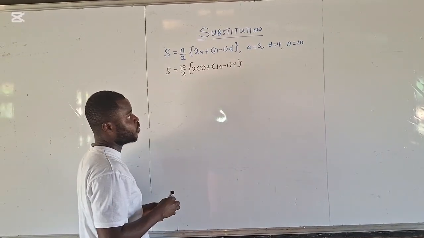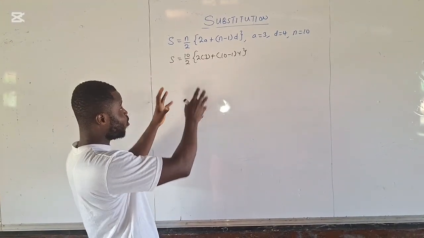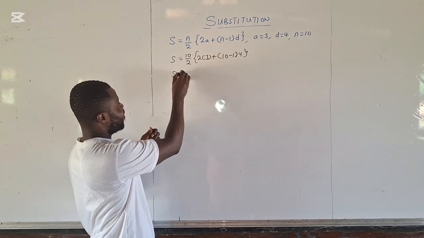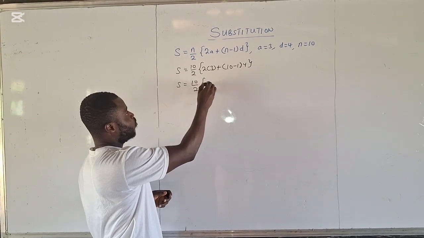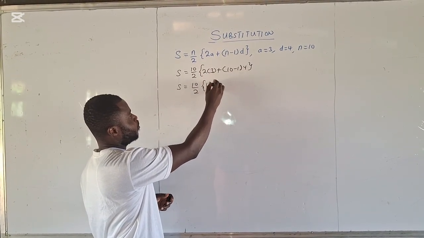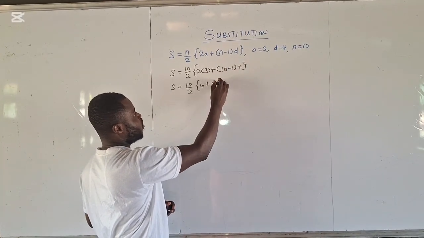Now as we all know, we've done BODMAS, so always make sure you solve the one in the bracket. The BODMAS approach works here. Now 2 times 3 is 6 plus 10 minus 1 will be 9.